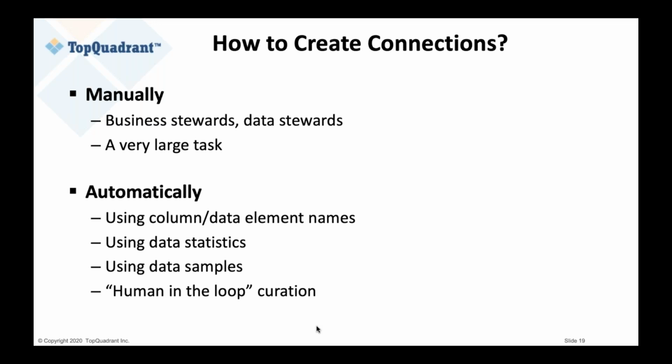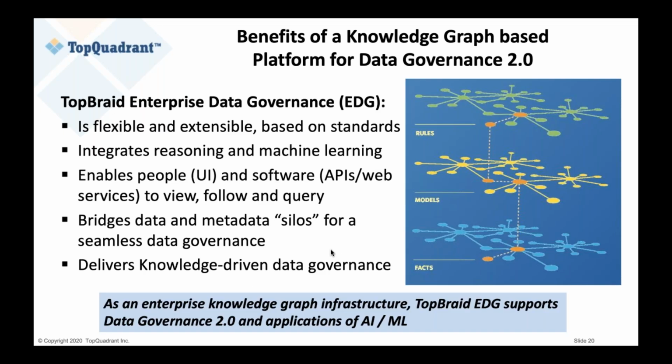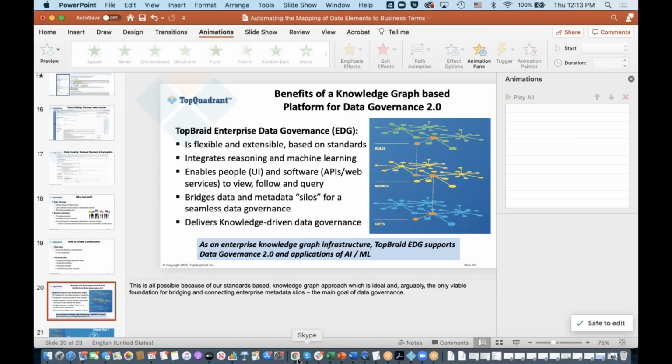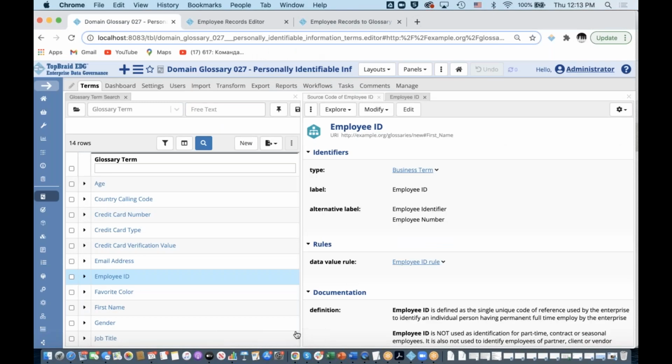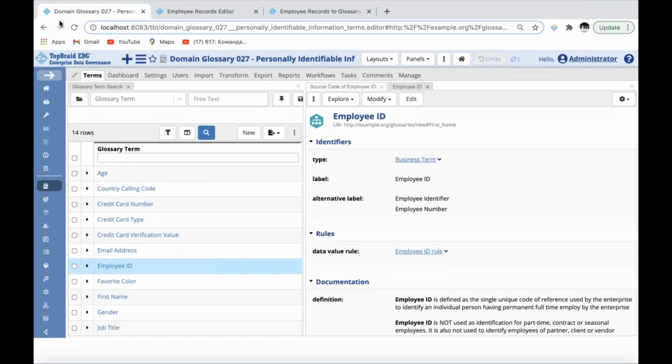So this is a good point at which to break into a short demo. Let me escape and switch to a browser. To give you context, I am in TopBraid EDG, TopBraid Enterprise Data Governance.